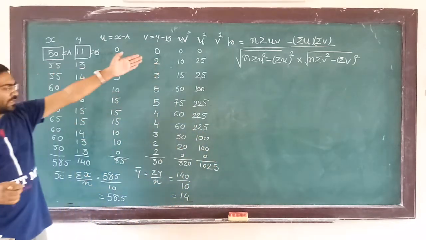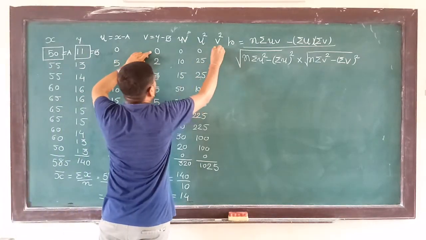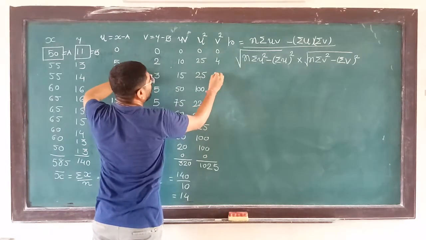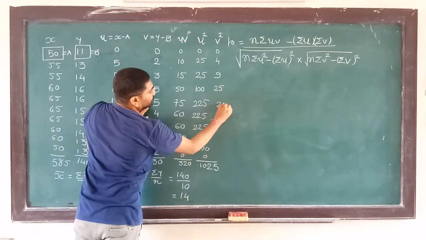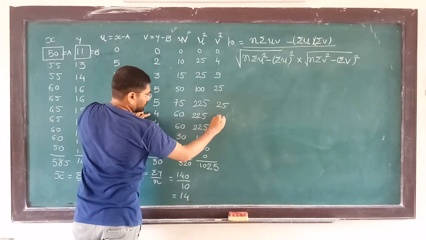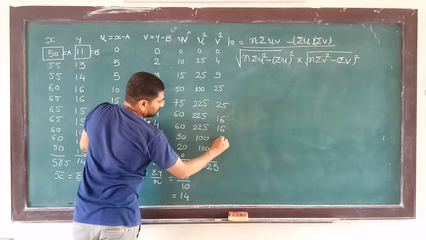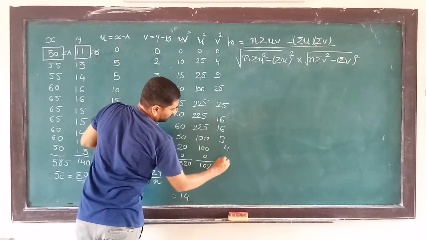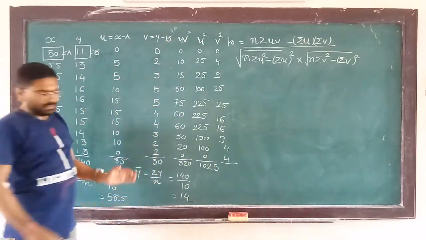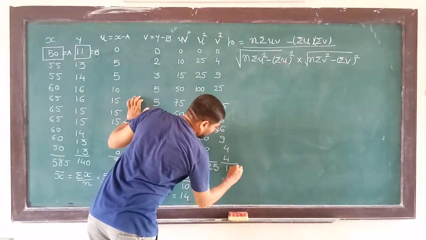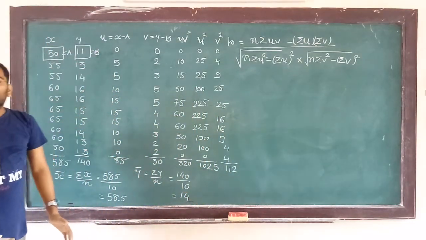And last, V square: 0, 4, 9, 25, 25, 16, 9, 4, and 4. The total of V square is 112.